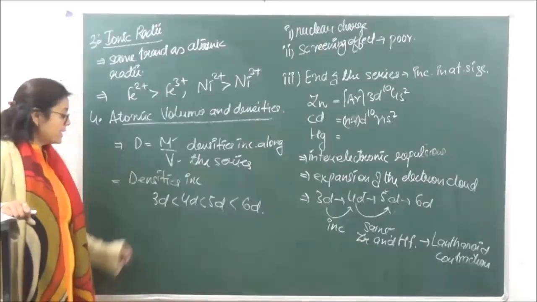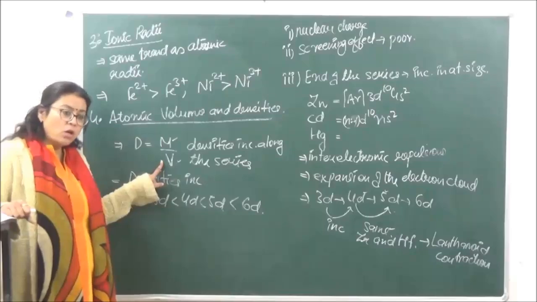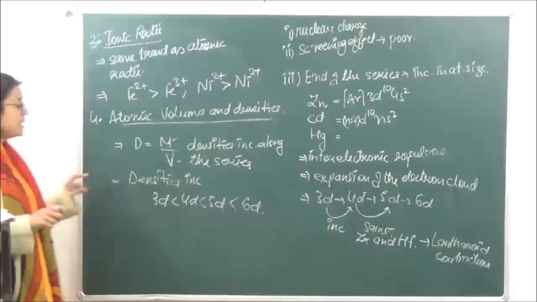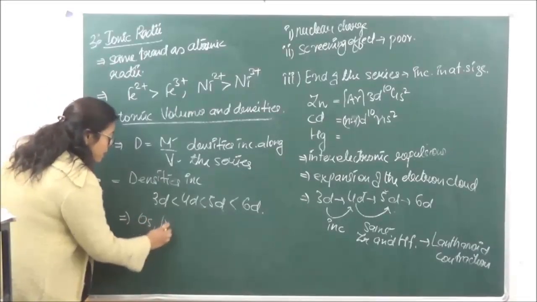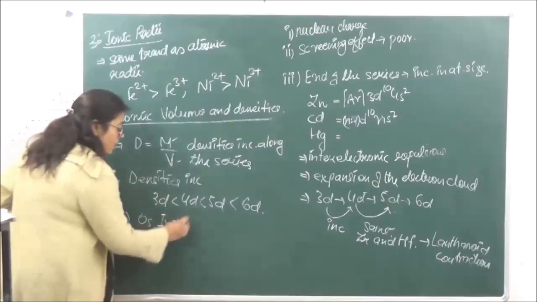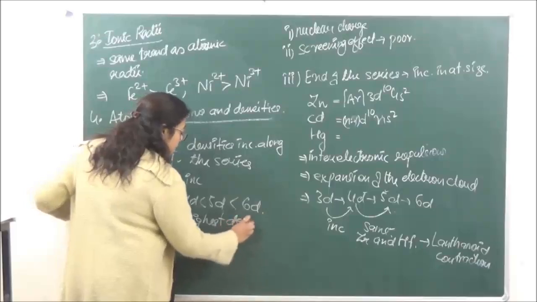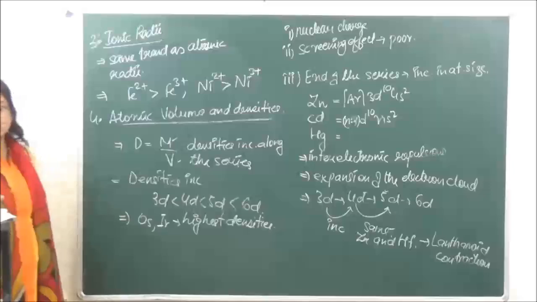The reason I have already said: the masses are going to increase and there is not going to be much change in the volume. Therefore, densities are going to increase. Now, it is seen that amongst the entire periodic table, osmium and iridium have the highest densities.